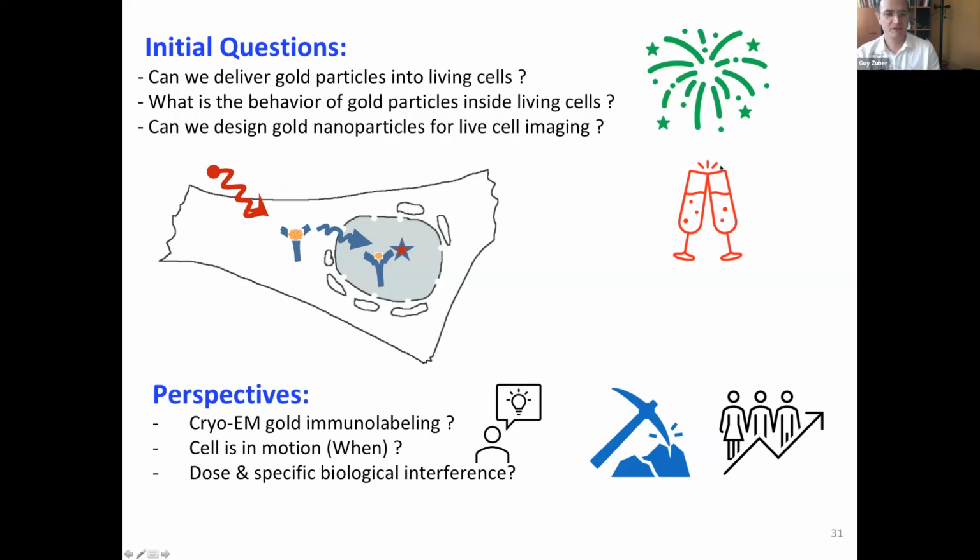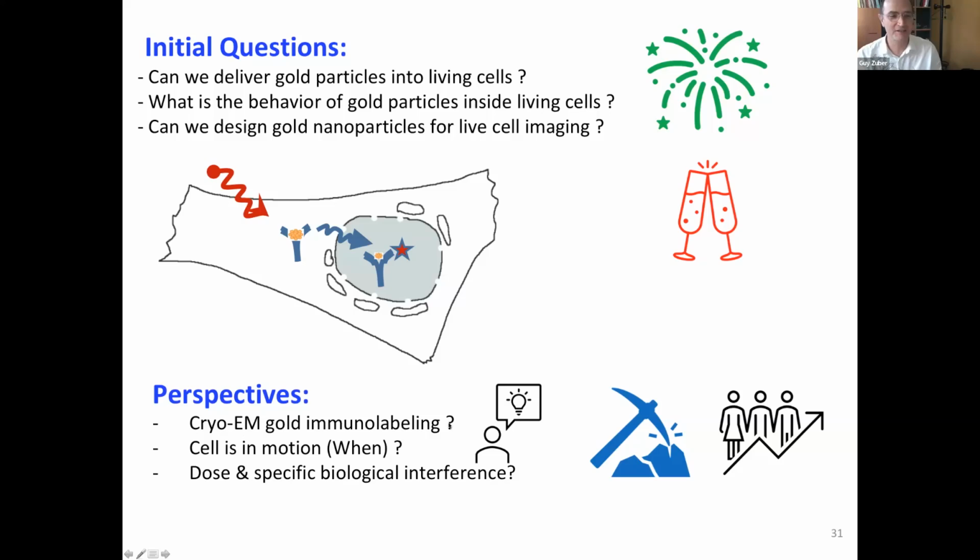So this is extremely interesting. For the perspective, we would like to further demonstrate that they could be used for cryo-electron microscopy on cryofixed cells. Of course, you have different problems, but this is something that we want to solve.